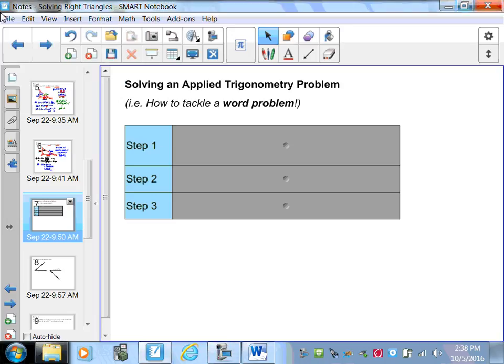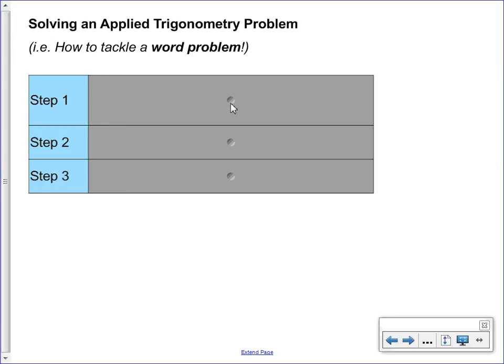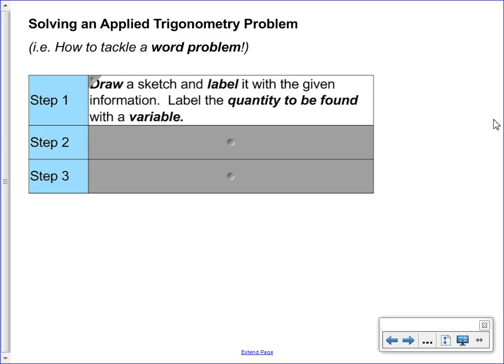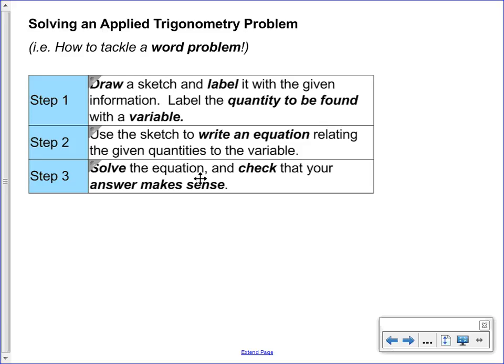Tackling a word problem. First thing, as always, it's a word problem, so you've got to translate it into pictures. Make sure you draw a sketch and label it with your information, and then label the quantity to be found with a variable. Use the sketch to write an equation, and then solve that equation, and make sure to check either mentally or by plugging back in that your answer makes sense.